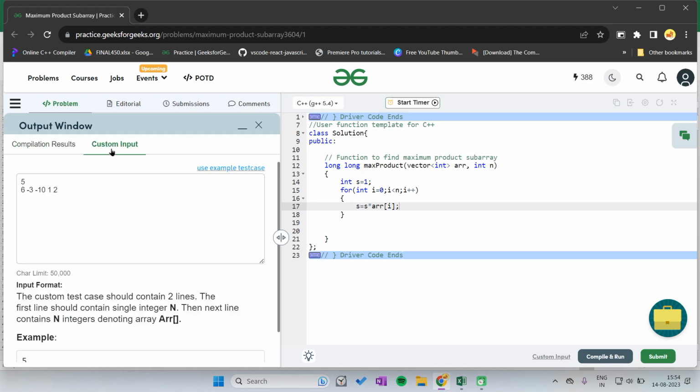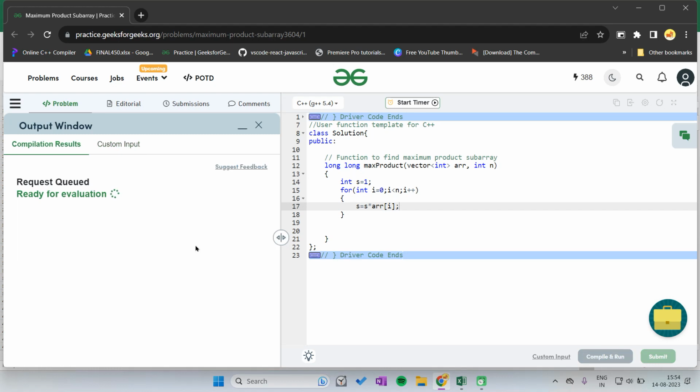Like if you don't use this 10 and run this, we get 20. So 10 into 2, these three values are the answer. So either this way our answer is, or this way.